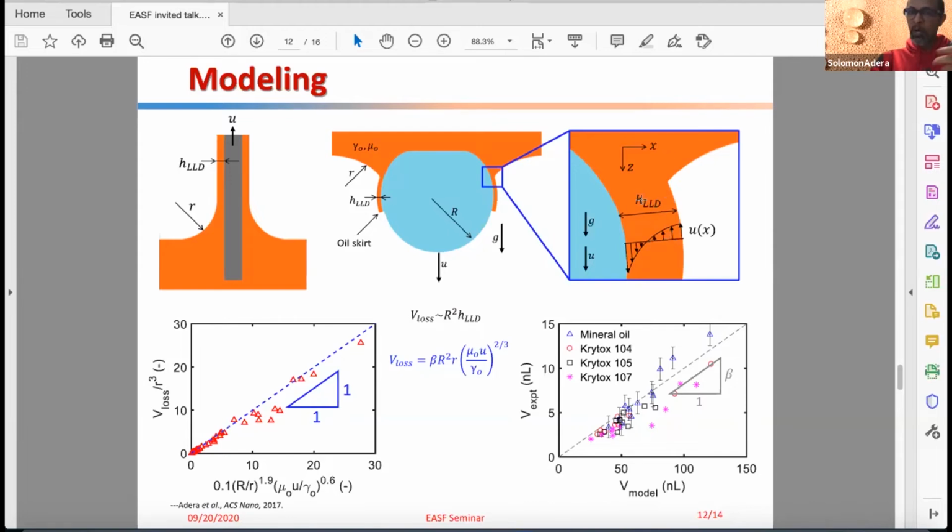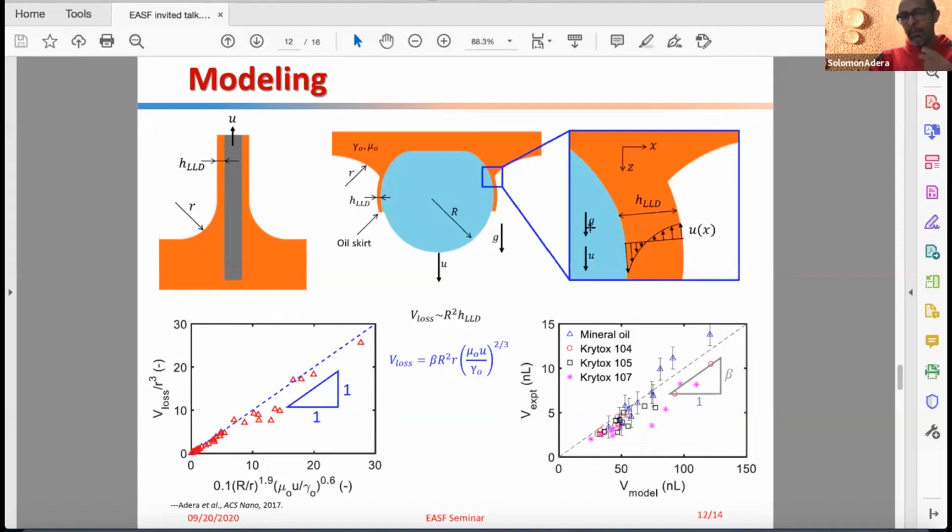So basically what this model implies is that the balance of forces between the weight of the droplet shearing the oil and the low pressure region in the capillary region pulling the lubrication oil, the balance between these two determines how thick this Landau-Levich drawing, the equilibrium thickness is, which we call an oil skirt, the thickness of the oil skirt.